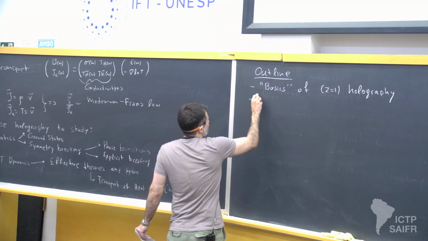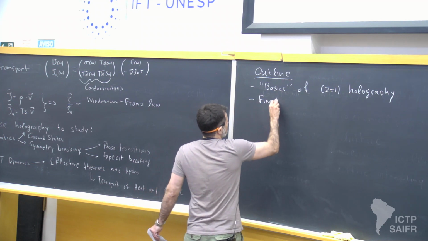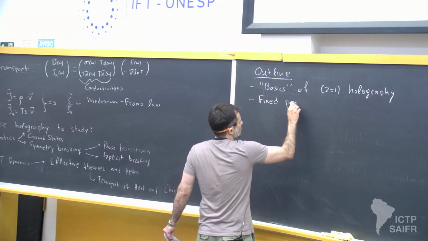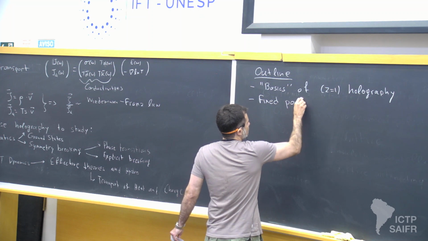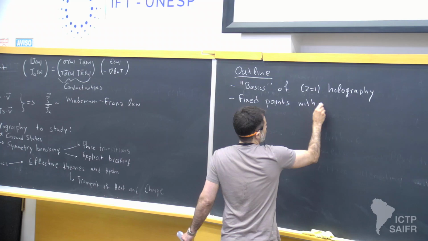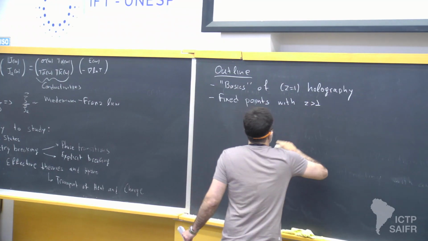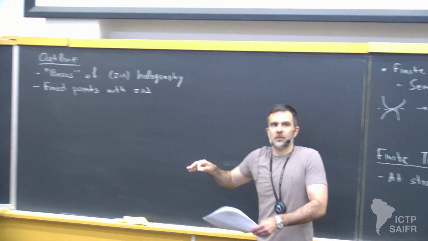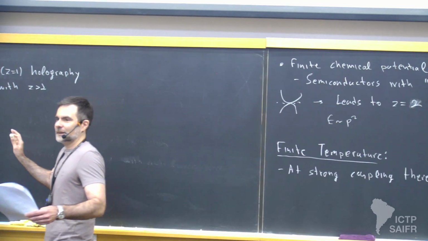Then we are going to discuss these fixed points with Z greater than 1 as disconnected entities, as solutions on their own, okay?